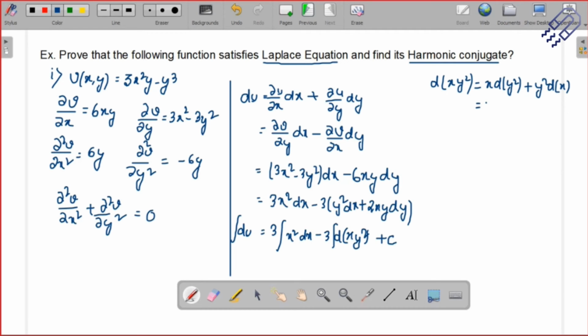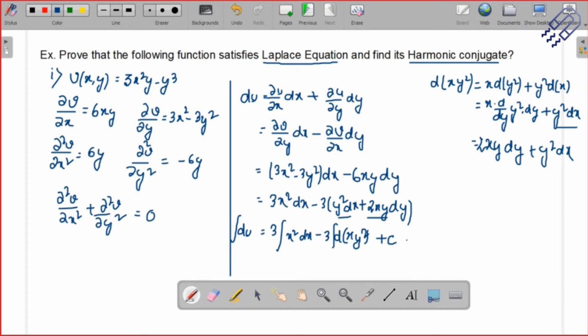So here I can write x, and then d dy of y square into dy, plus y square. Here I don't need to do anything, I can just keep it as dx. So y square dx is already there. And then this is x, this is d dy, y square is 2 times y, so it is 2xy dy plus y square dx. See, this is the same thing. So the result will be x cube minus 3y square x plus c.